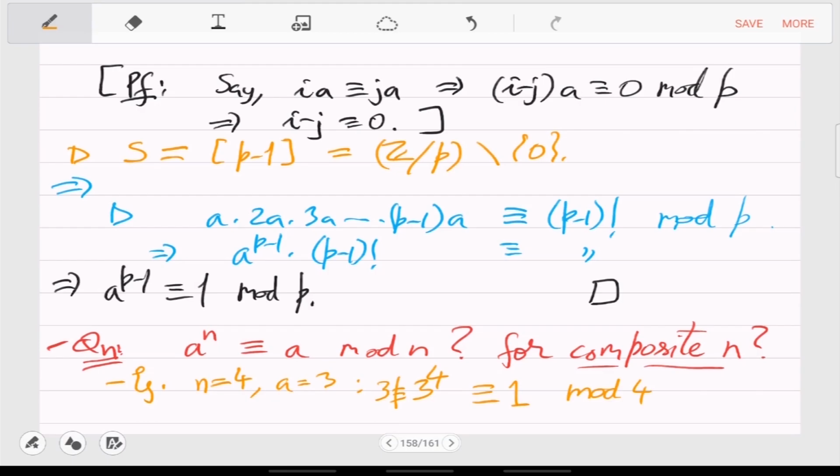So hence for composite n's, even if you choose good a's, for example here there is no problem, a inverse exists, a is a number co-prime to n, still a to the n can be anything. Right, so this means that Fermat's little theorem is not a coincidence, it's a very special property of prime numbers, it's not visible otherwise.